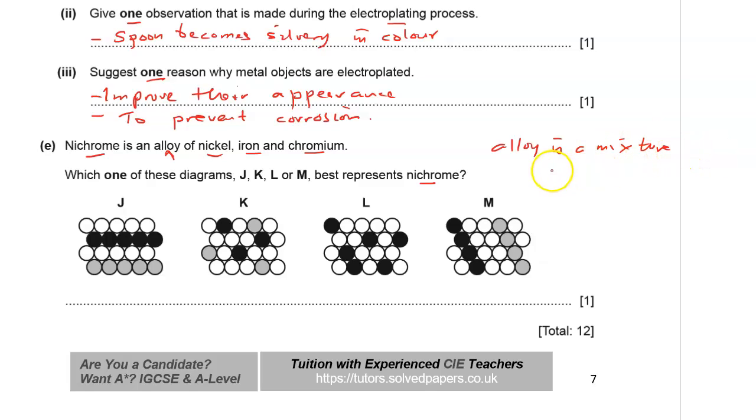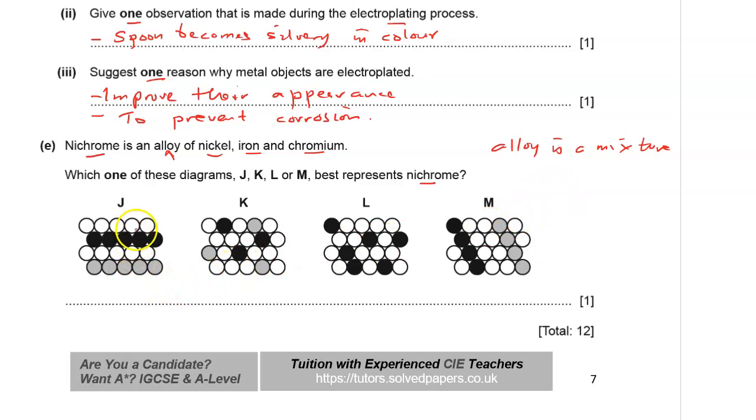Here it is of nickel, iron, and chromium. You melt nickel, you melt iron, you melt chromium, and then you mix them up. Therefore, when you mix them up, the structure will be like the structure in K.